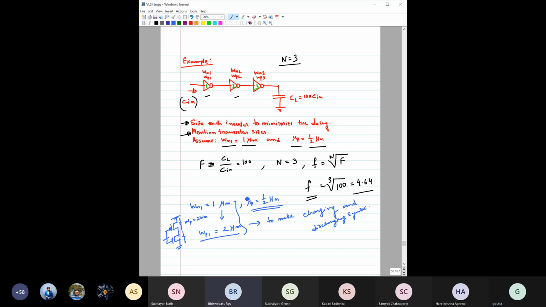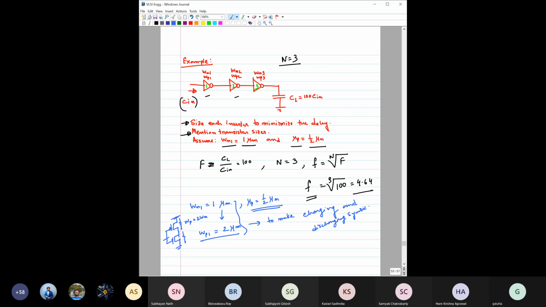Right. If you want, from that perspective you can do that. But typically for hand calculations, even as a thumb rule, we follow this technique only: just make the resistances of these two the same.